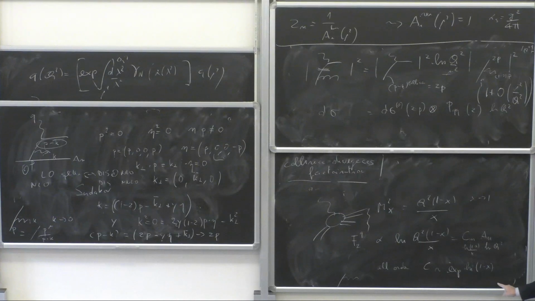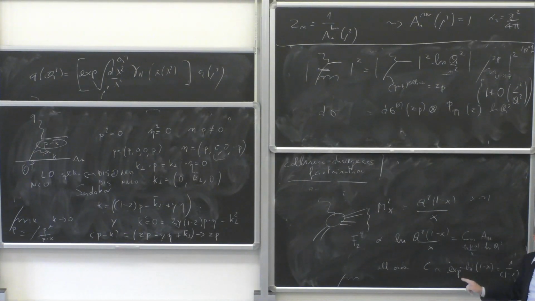And this exponential of log (1 minus x), it's actually minus. It's like a 1 over (1 minus x) enhancement or suppression. And in fact, however, this was combined with Q square.